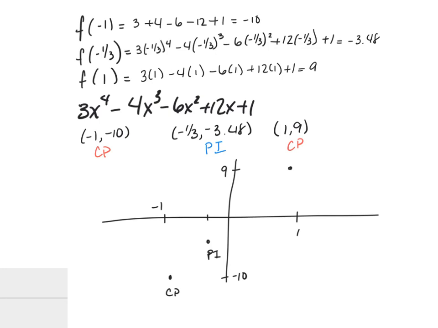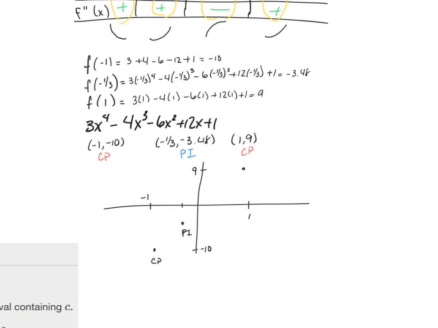So going back to my shape, between negative infinity and negative 1, I am concave down and decreasing. From negative 1 to negative 1/3, I am concave up and increasing.